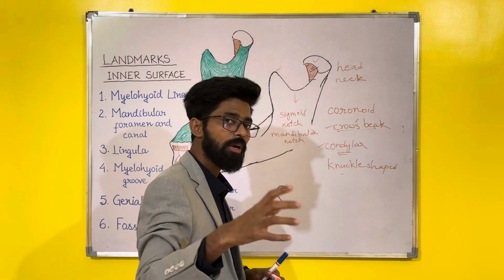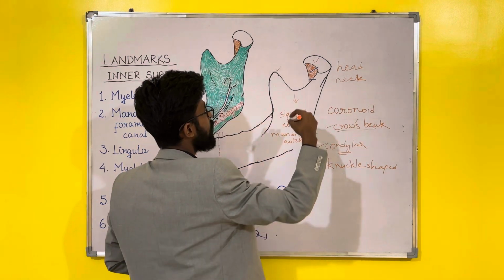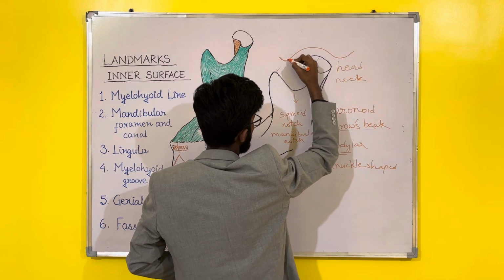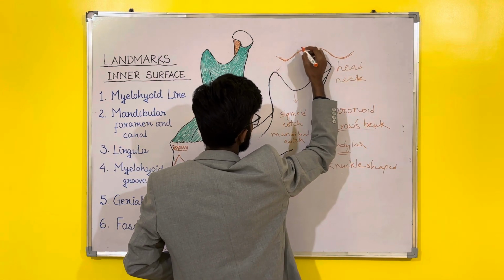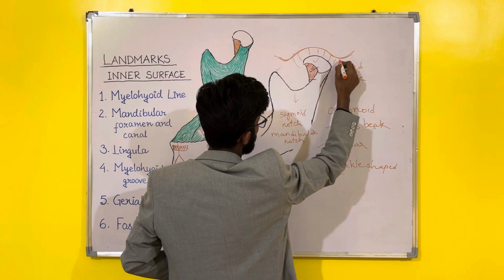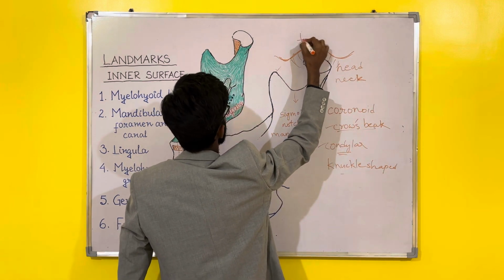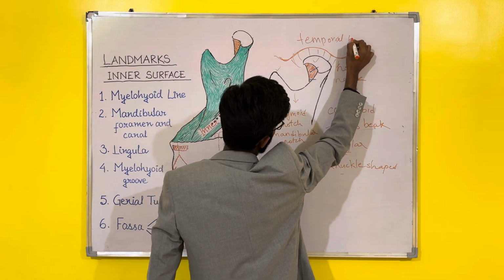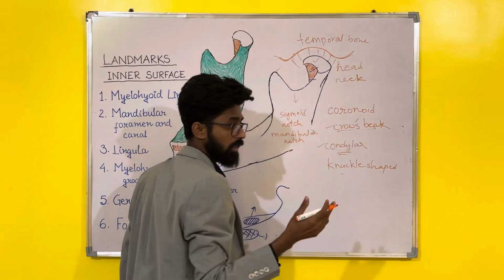Now the head of the condylar process is very important because it articulates with the temporal bone. It articulates with the temporal bone with the help of a lot of cartilages, fibrocartilages and everything. So it articulates with the temporal bone to form what?